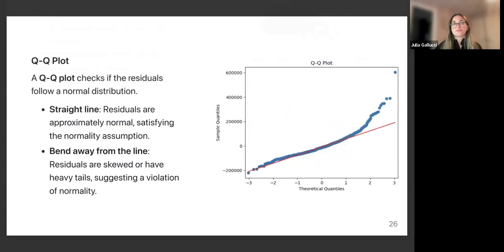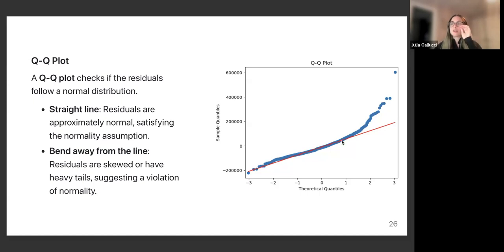It also ensures the reliability of your regression model. We also have the second plot that I mentioned, this QQ plot, and this is useful for checking normality of residuals. This plot compares the distribution of your residuals to a normal distribution that would follow this red line here. If the residuals are roughly normally distributed, the QQ plot will align closely with the straight line, which would suggest that the residuals follow a normal distribution, satisfying this assumption.